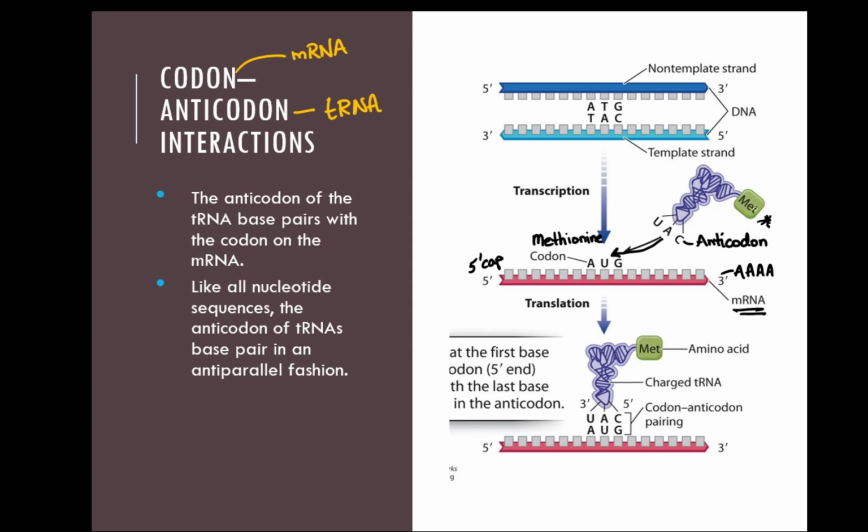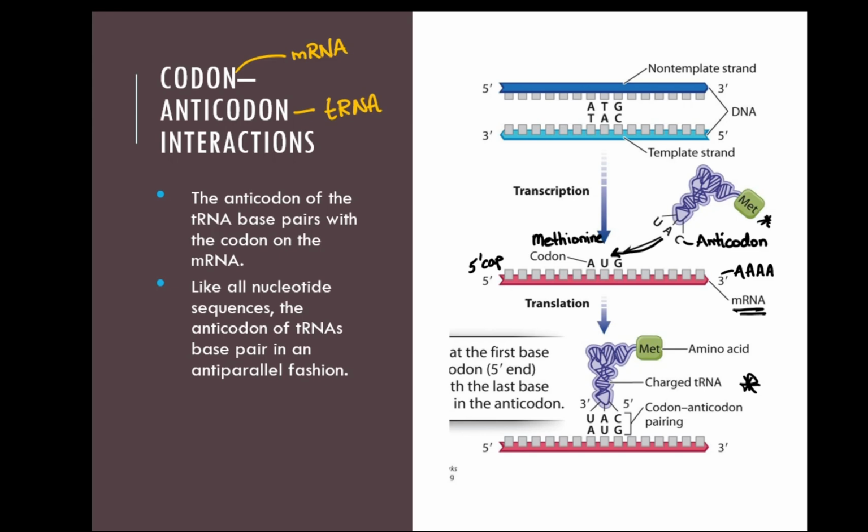So it's complementary to that sequence. It's not the exact same as that sequence. This is nice because it shows you that pairing. Does that make sense? So this is how the process starts.